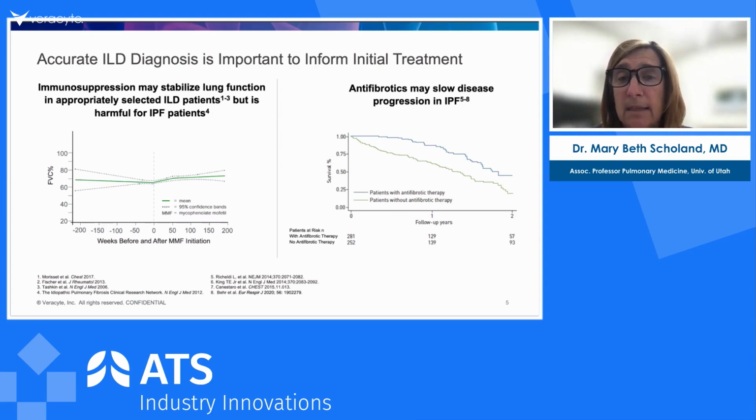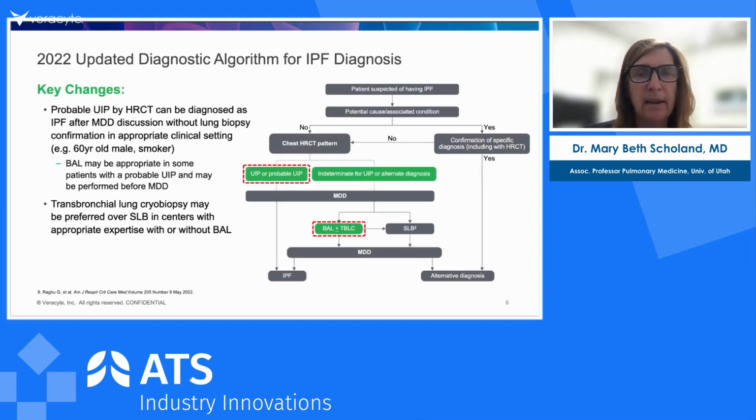And here on the right-hand side, we know that with the use of antifibrotics, we can slow disease progression in IPF and in many of the progressive pulmonary fibrosis diseases. So, medications and their impact on disease depend very heavily on what we know about the diagnosis of their specific interstitial lung disease. And so the next slide here is really to review what's been updated.